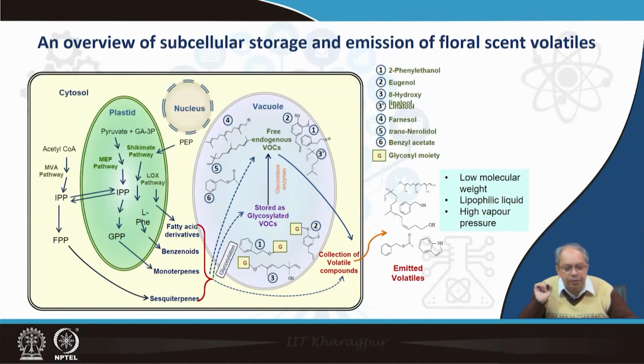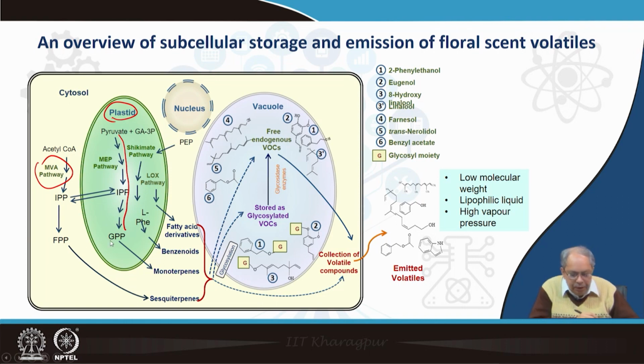So, this is an overview of the subcellular storage and emission. This is the plastid where the MEP pathway is operating, and of course, in the cytosol the MVA pathway is operating. Our point right now is only to see this.